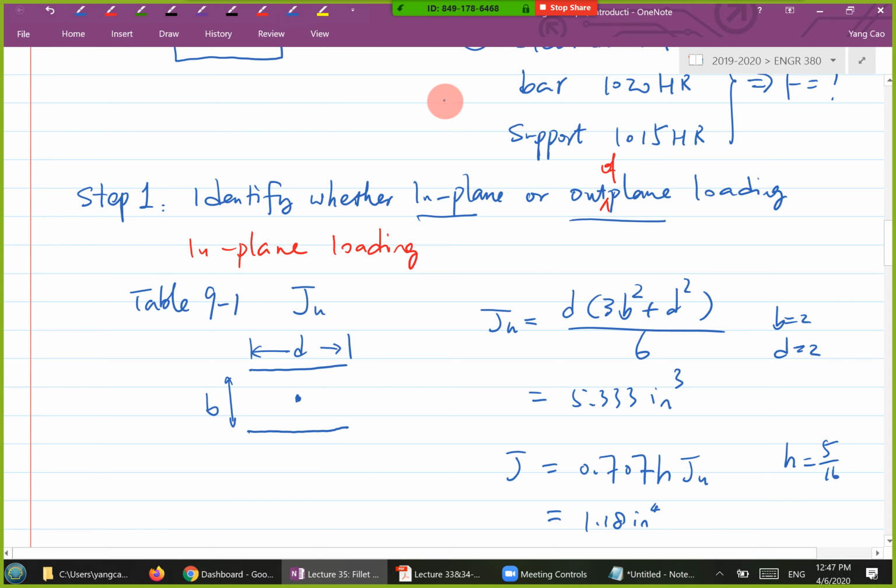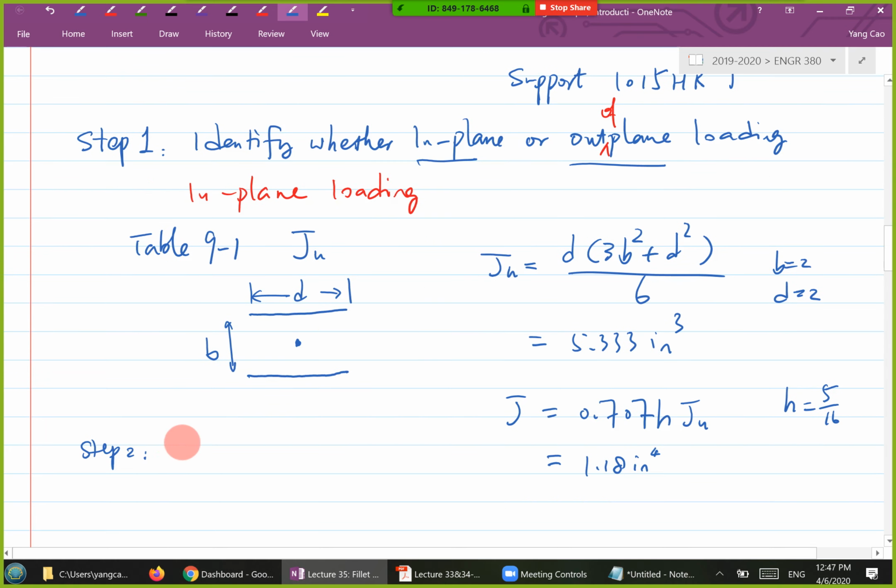Then the next step, step 2, is to calculate the shear stress. To calculate the shear stress, as you remember, I first identify the critical location, the location that gives you the maximum shear stress.